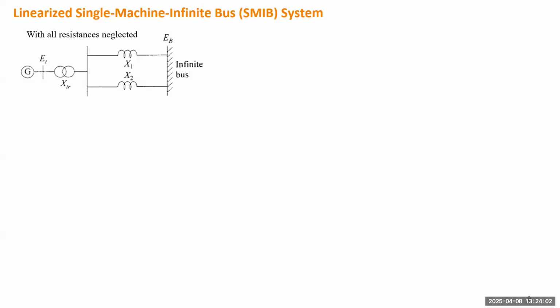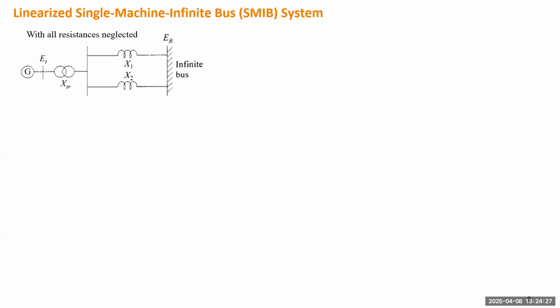So in the rest of this section, we'll first work on a very simple power system, which is the single machine infinite bus system. We start from this system and linearize the system equations. Then we use the linearized model to study the system response. Here we pay more attention to the oscillatory dynamics of the system.